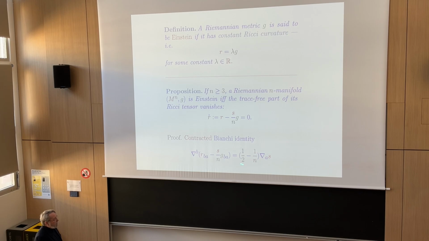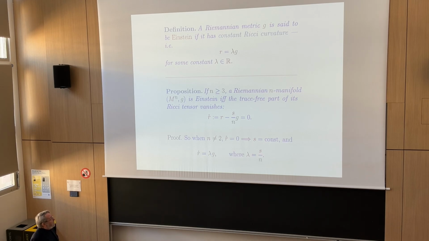But if n is not 2, and you assume that the trace-free piece of the Ricci tensor is 0, then you immediately find that the derivative of the scalar curvature is 0, and so, assuming the manifold is connected, this says that the scalar curvature is constant.